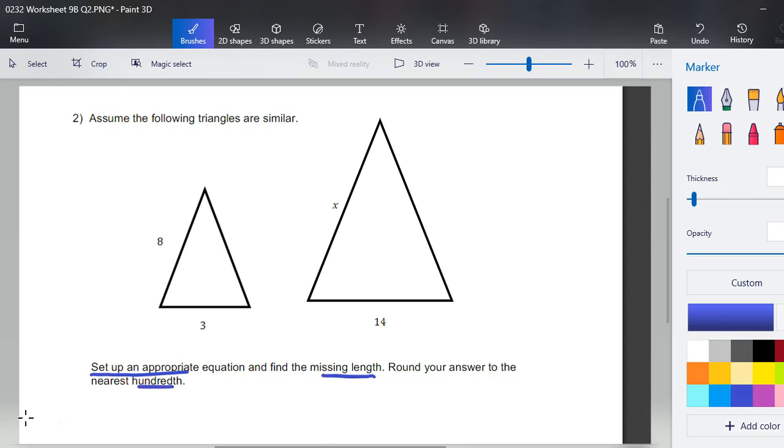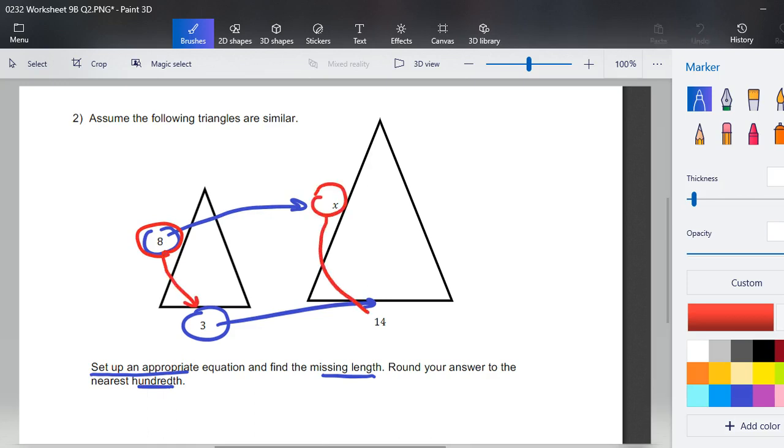What we did a while ago is we went left side to left side, bottom to bottom. We can also set up a proportion where we stay on the small triangle and do left side to base equals left side to base. Again, it doesn't matter, just don't do crisscross and backwards. Stay with a pattern.